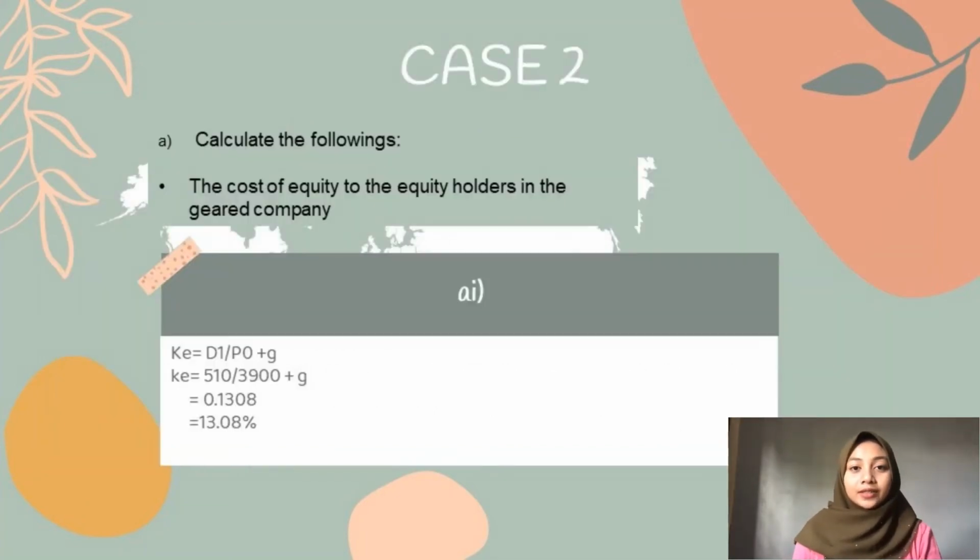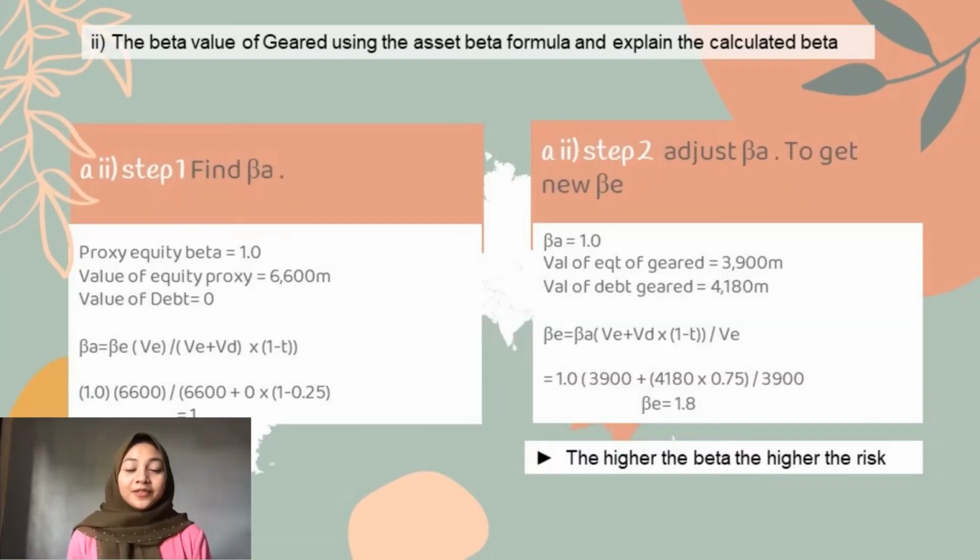For case 2A, we will be using the formula of Ke equals D1 over P0 plus g. Therefore, Ke is equal to 510 over 3900 plus g, and we will have 13.08%.